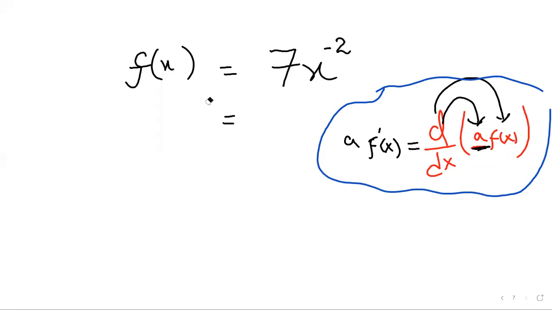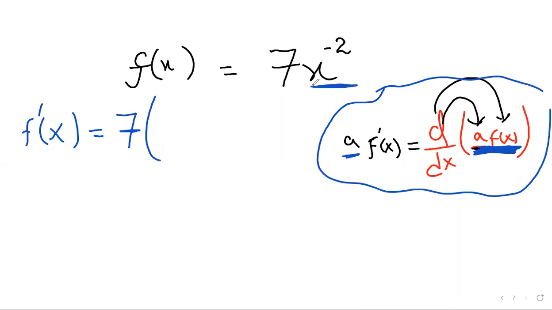Now focus on your question. You have applied the derivative. This becomes f dash of x. 7 will remain 7. As we have learned, if a constant is multiplied with a function, then a comes out. Now the trick: power will become coefficient. Power is reduced by 1.